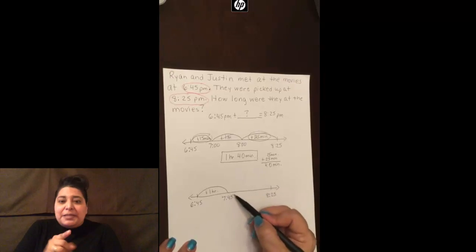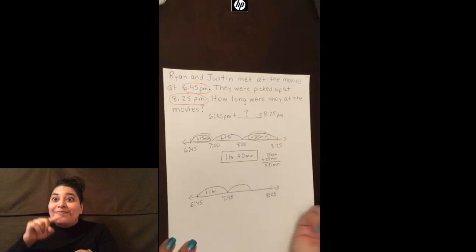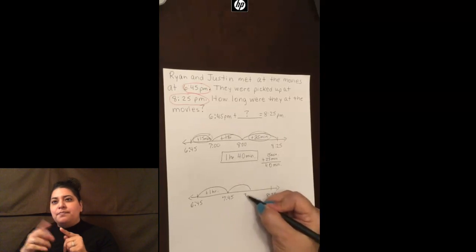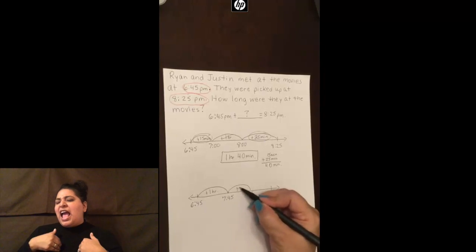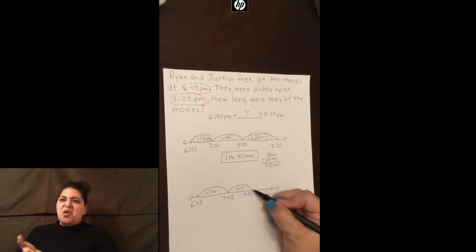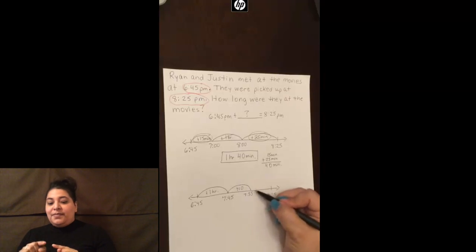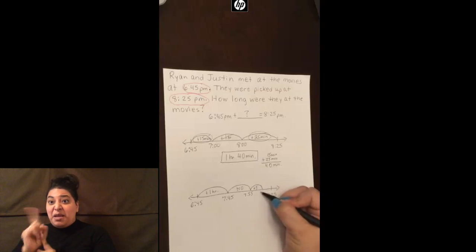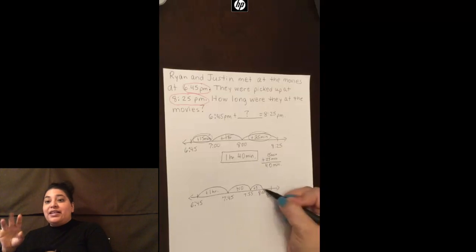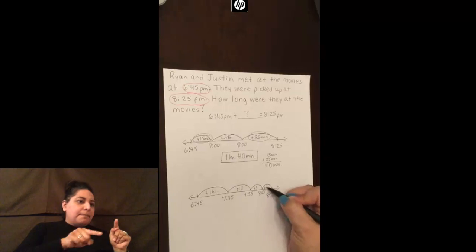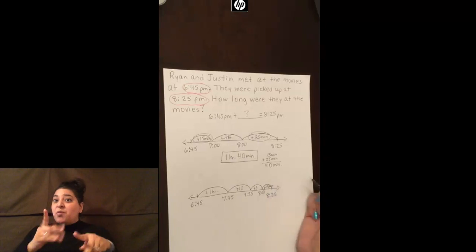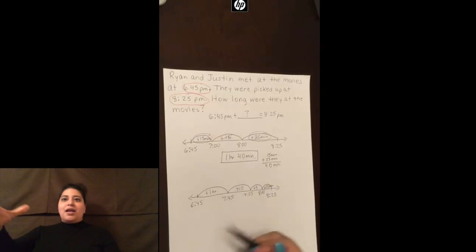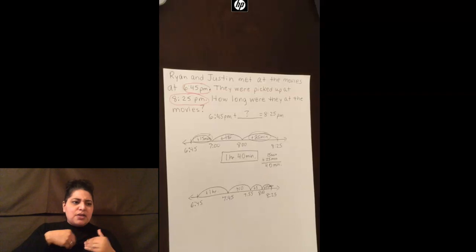Okay, and then they can look at this. They might add 10 minutes and put them at 7:55. Okay, and then they look and see, oh, you know what, I have a friendlier number that I can get to. That would be adding 5 minutes, which would put them at 8 o'clock. And then they'll add the final 25 minutes to give them 8:25. Yes, it's a lot of jumps, but for some people, maybe they need to take those extra steps for it to make sense for them.